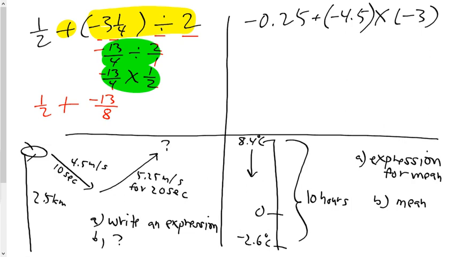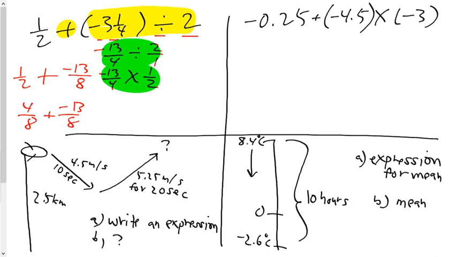Now that we have the addition, I'm going to bring this over here because I'm running out of space. My space isn't quite as big as yours is. Common denominator, first multiply, share is 8. This won't change. This will. And on your test, I will be looking for this step here. Add your numerators and keep your denominator, which will give you a final answer of negative 9/8, which is negative 1 and 1/8.